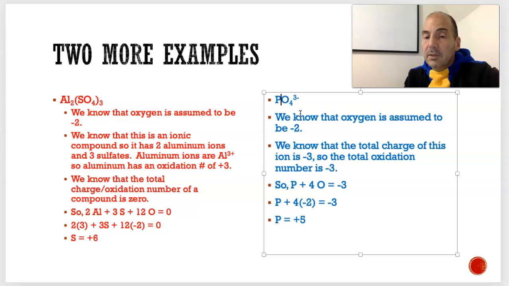It's not a compound, it's an ion. So knowing that the oxygens are -2, I say phosphorus plus 4 times -2 equals -3. That's -8. Add it to the other side. So I'm adding 8 to -3. I get +5. So the phosphorus is a +5 oxidation number.